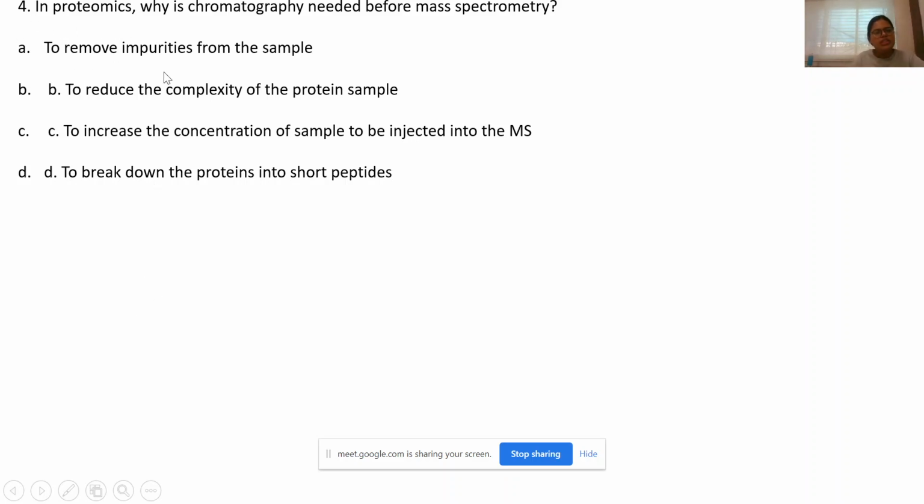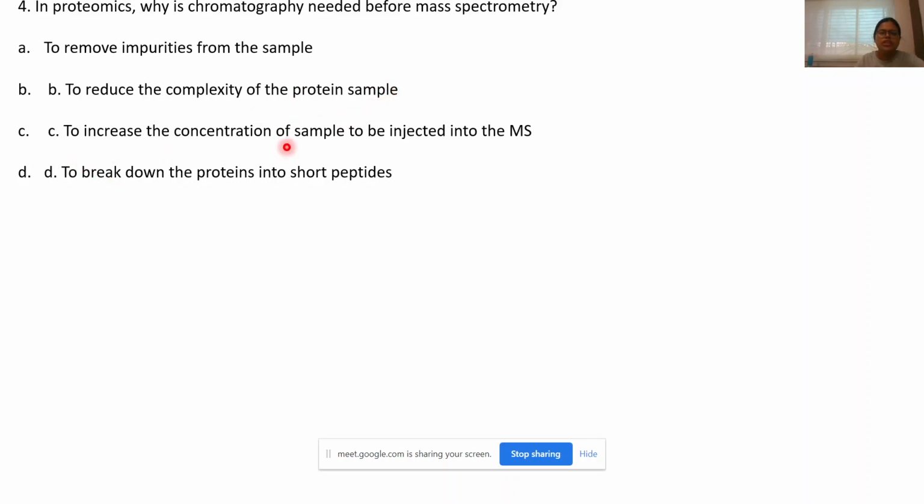Okay, so we were discussing what is the role of chromatography before the mass spec. Why are we using chromatography in a proteomic study? Option A is to remove impurities from the sample. Option B, to reduce the complexity of the protein sample.